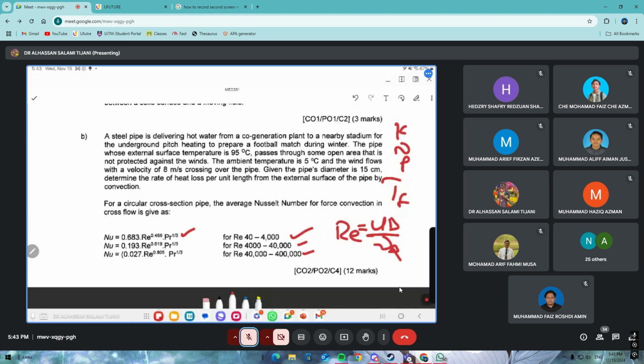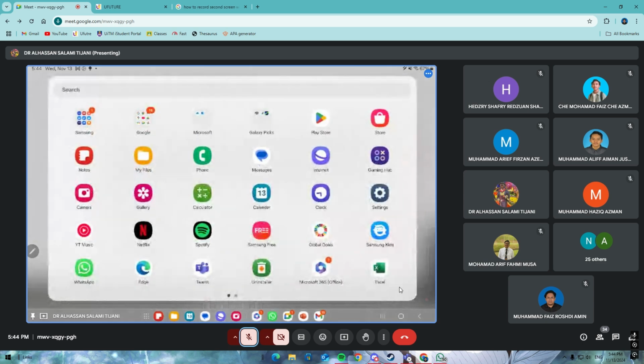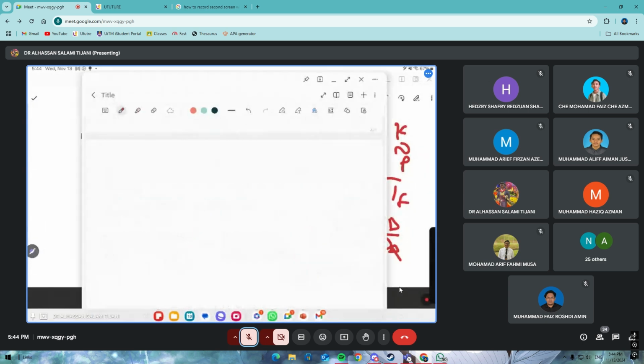So in this situation, let's say this is the pipeline. The surface temperature of the pipe is 95 degrees Celsius.